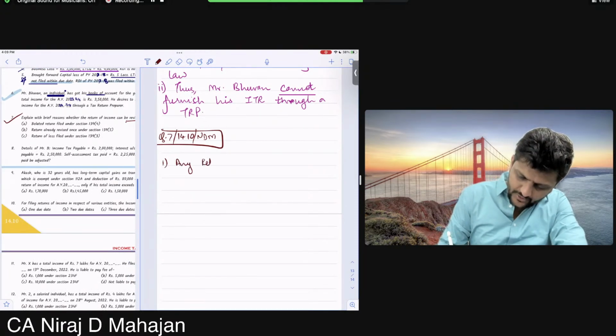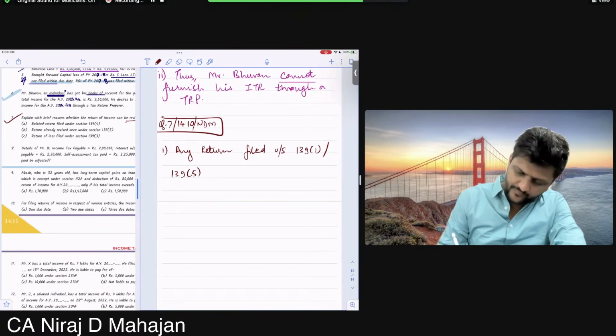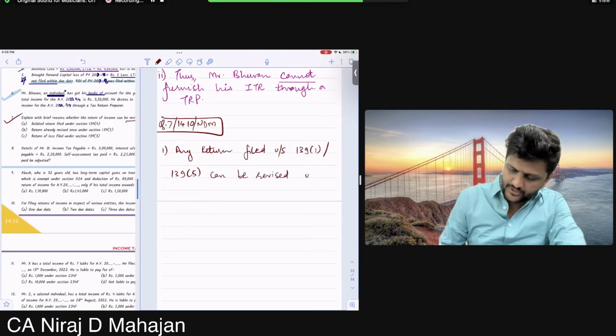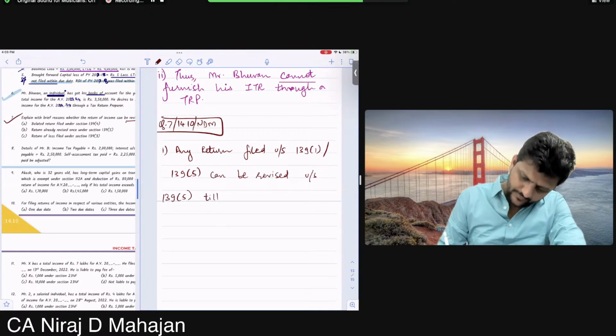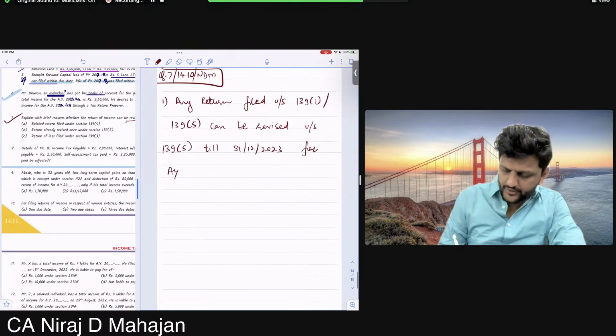Any return filed under section 139(1) or 139(5) can be revised under section 139(5) till 31st December 2023 for AY 2024.